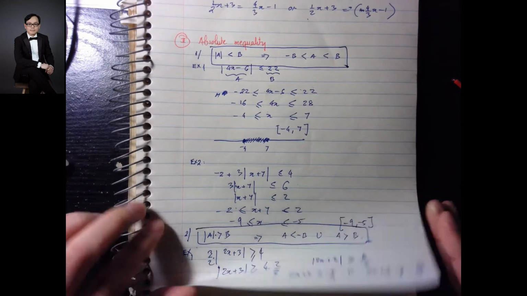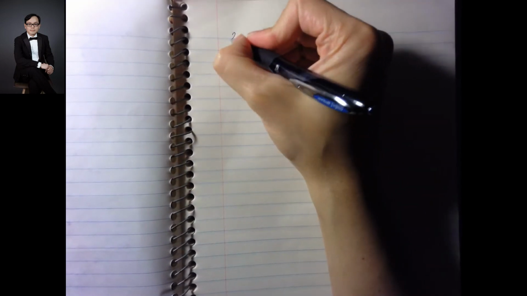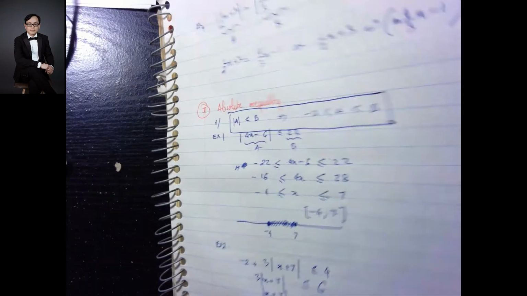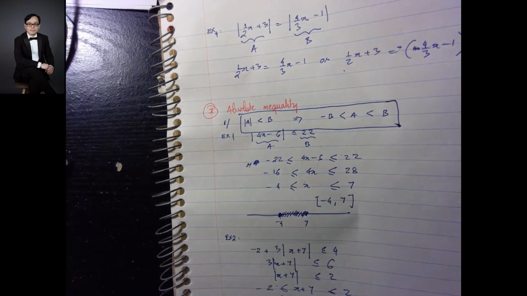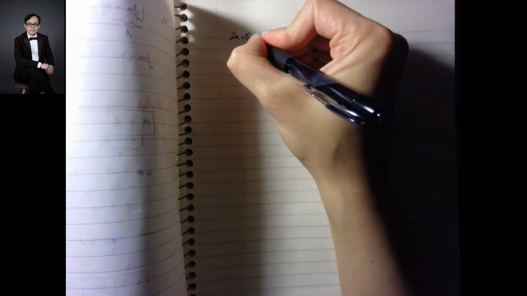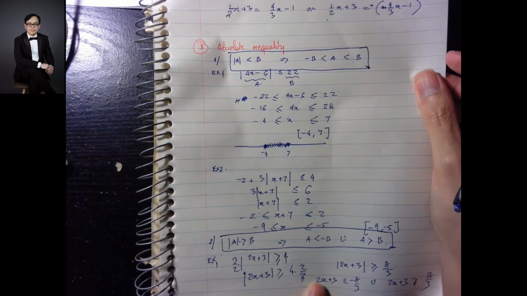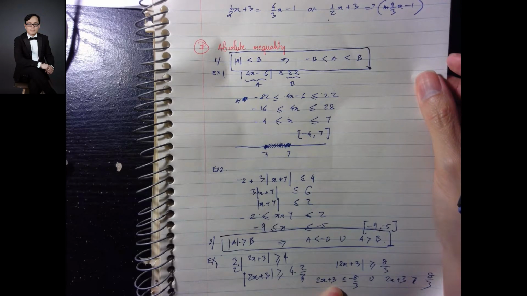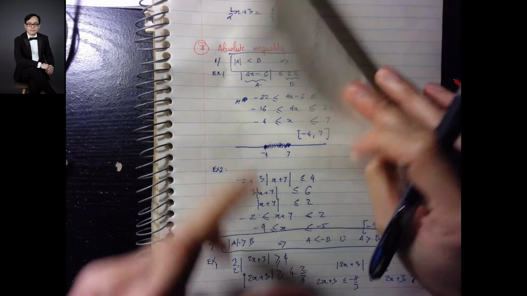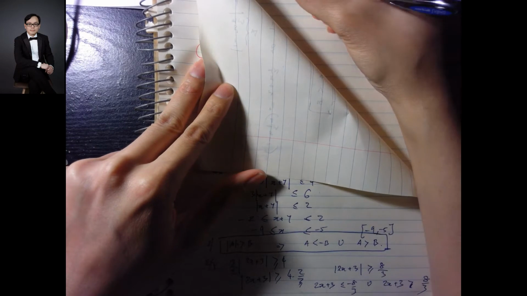2x is less than or equal to negative 8/3 minus 3, because I subtract 3 from both sides here, union with 2x greater than or equal to 8/3 minus 3.